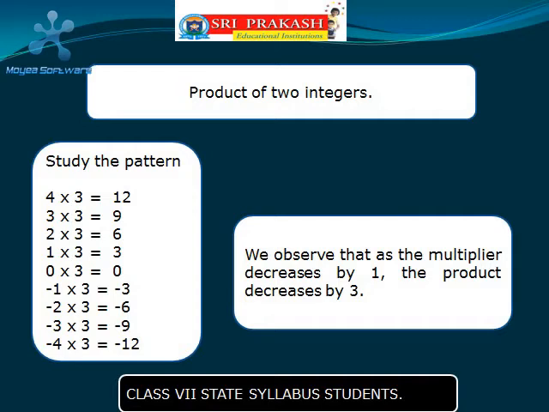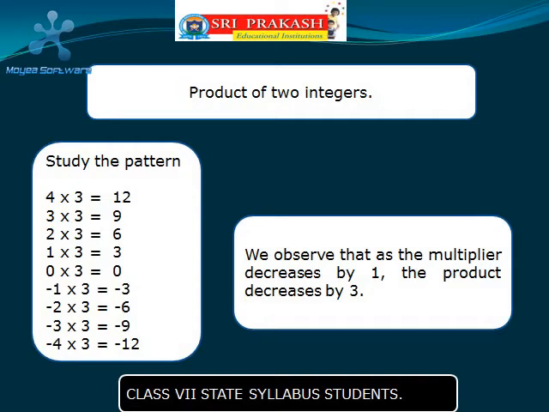Hence 2 into 3, that means 9 decreased by 3, that means 6. 1 into 3, that means we have to decrease 3 from 6, that means 3. 0 into 3, so when we decrease 3 by 3, we get 0.